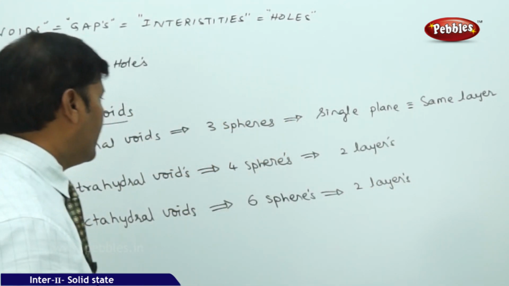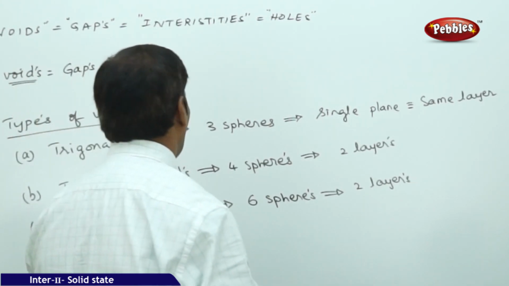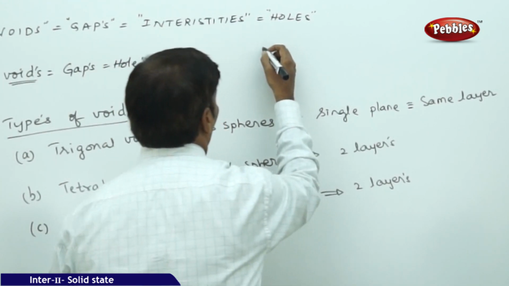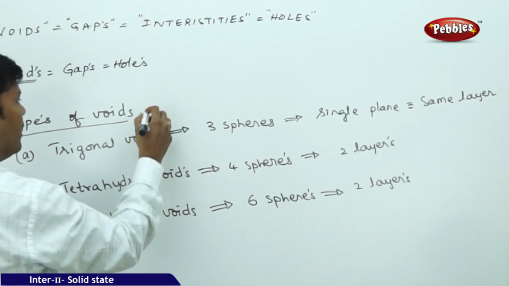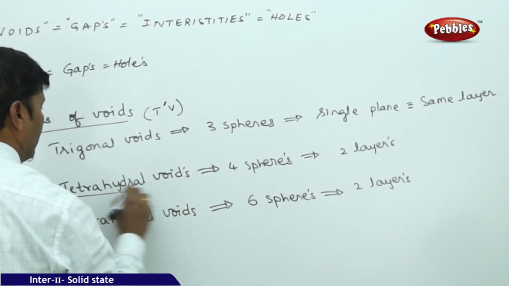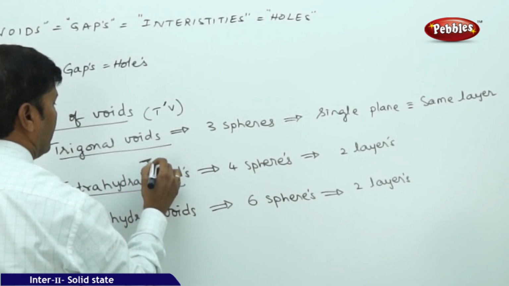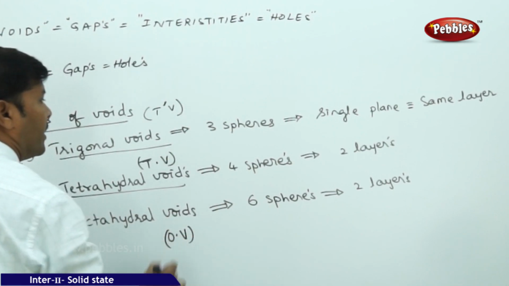So for trigonal voids, the number of spheres is 3. Let trigonal voids be represented by T dash V, tetrahedral voids by TV, and octahedral voids by OV.